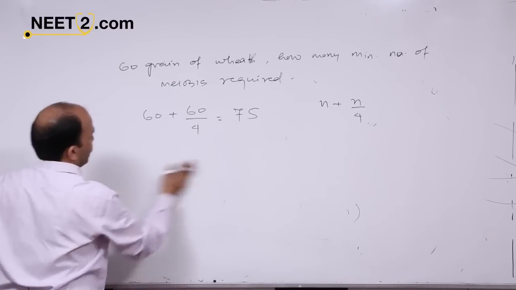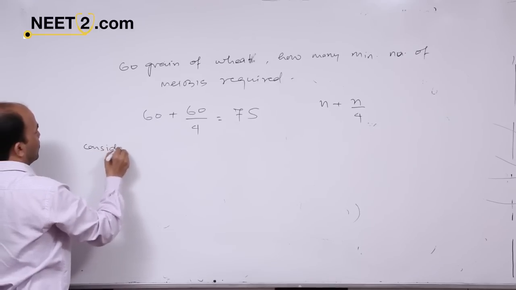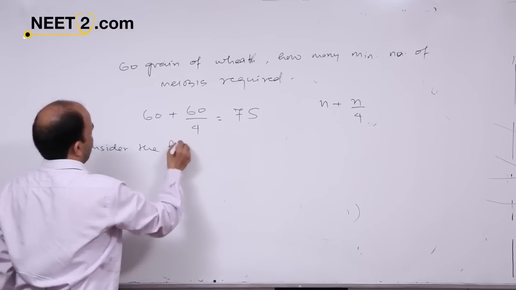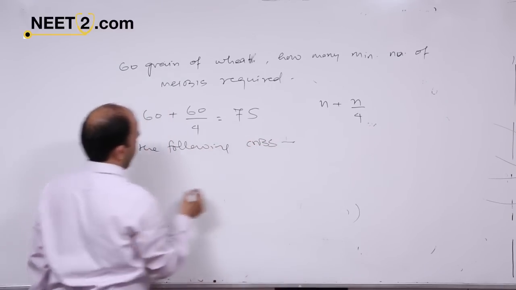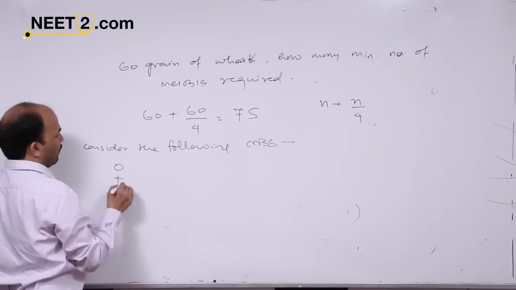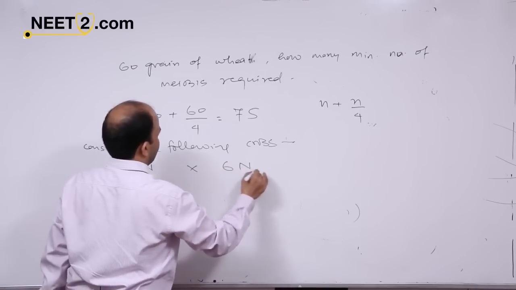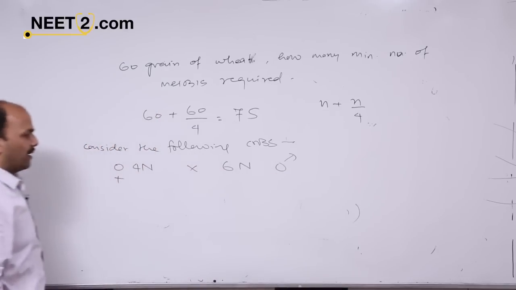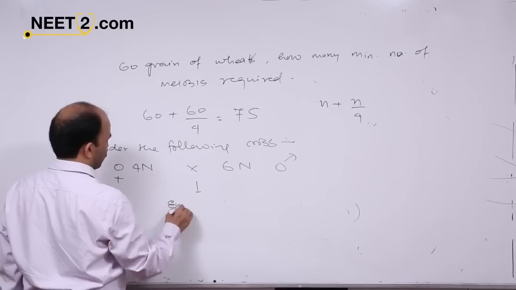लाइकवाइज आपसे पूछा जाए कि consider the following cross. In this cross, female plant is tetraploid and male plant is hexaploid. And then the question goes on saying, find out the ploidy of endosperm.